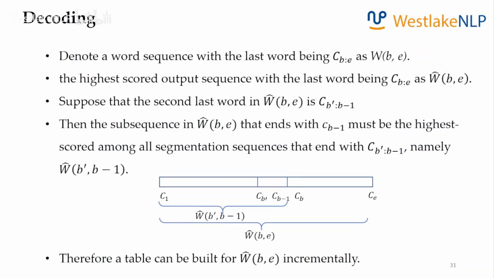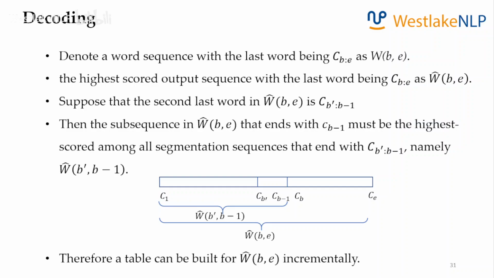With this optimal subsequence being denoted as W hat, B, E, where B denotes the beginning of the last word and E denotes the end of the last word in the capital W sequence, okay?